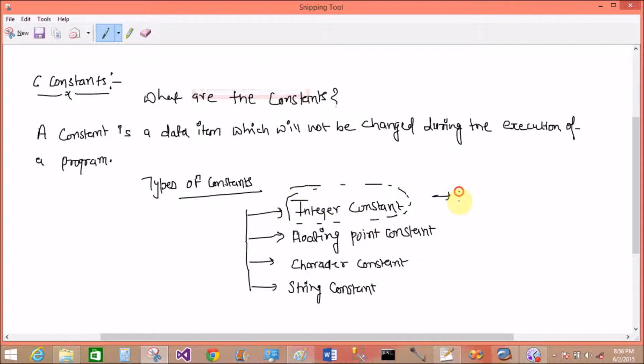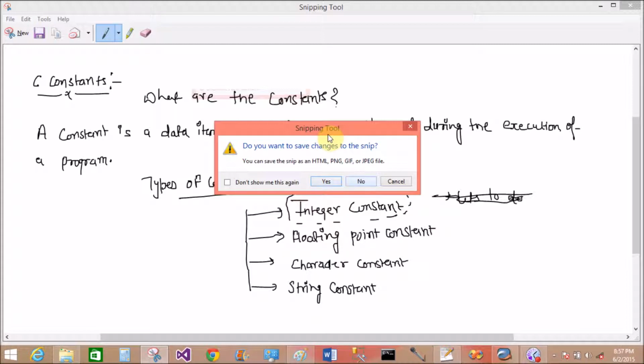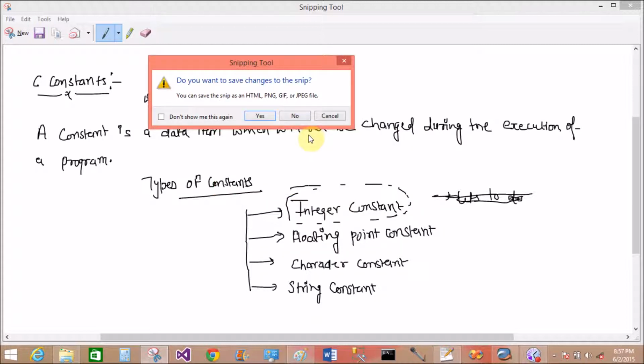First of all, I'll talk about integer constants. These are the types of constants.